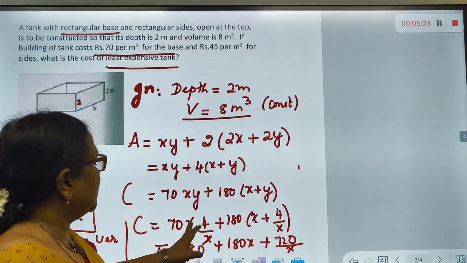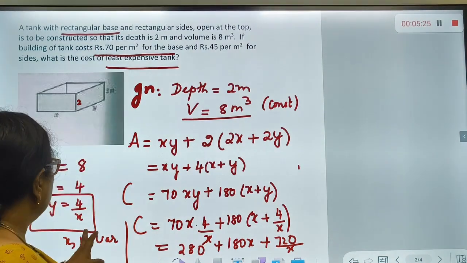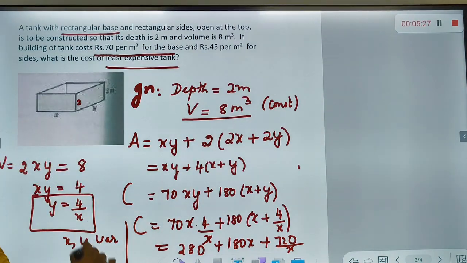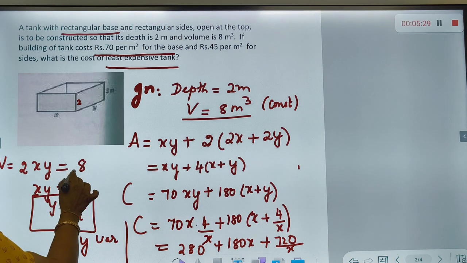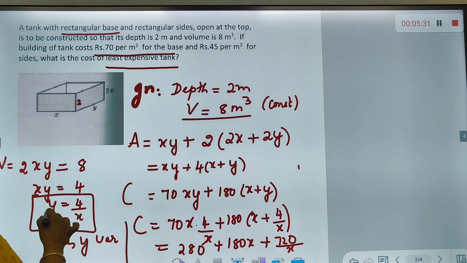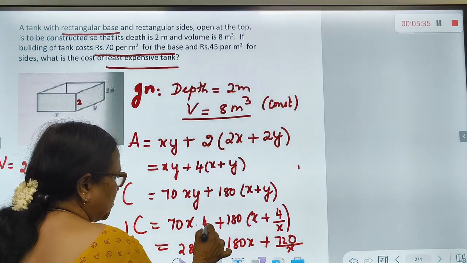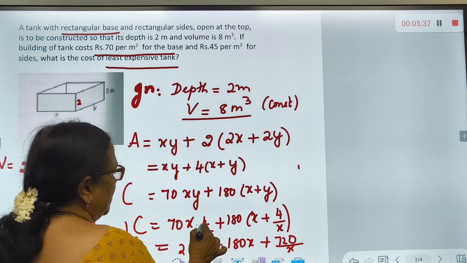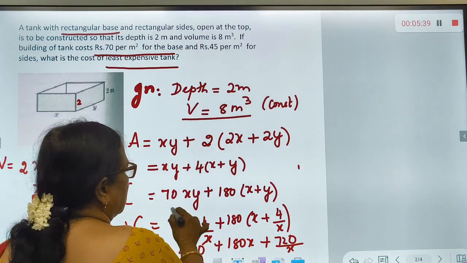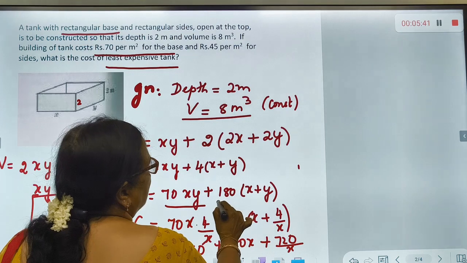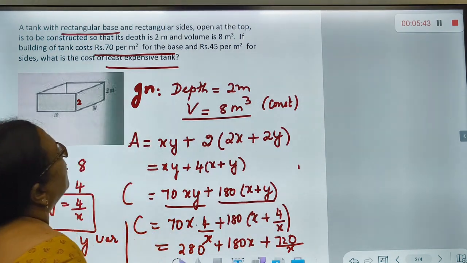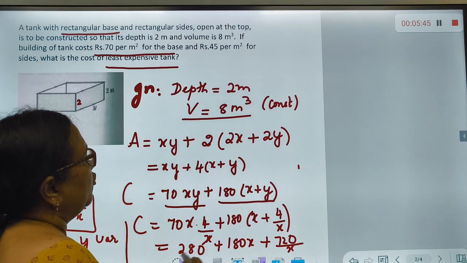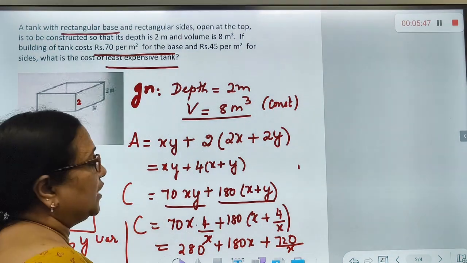So when I substitute for y, because 2xy is 8, xy is 4, so y is 4 by x. So I substituted y as 4 by x. X gets cancelled. 4 into 70 is 280. This is the base. Now for the sides it is 45 rupees per meter square. There are 4 sides.